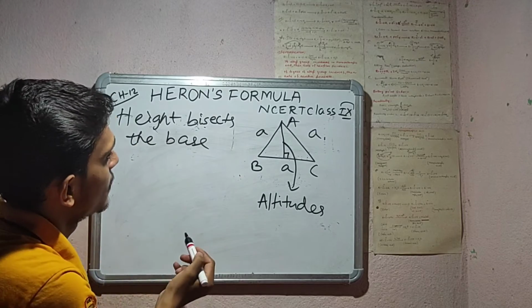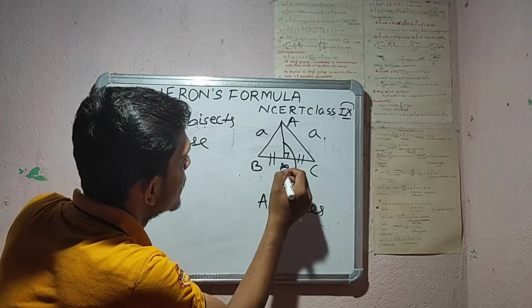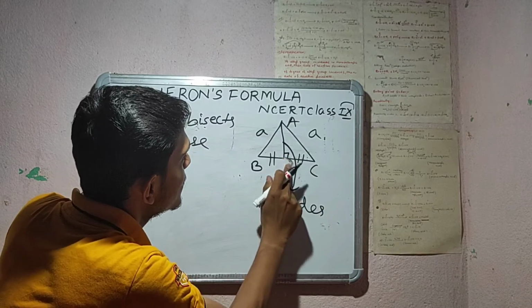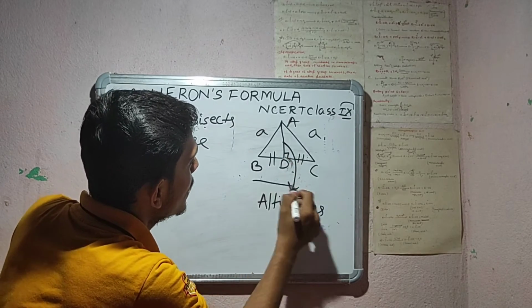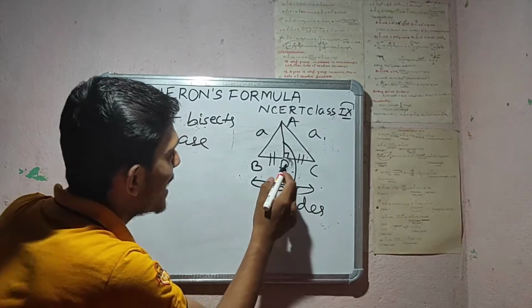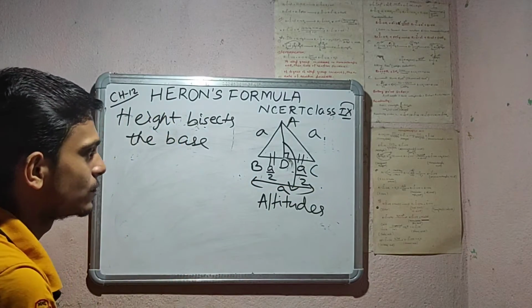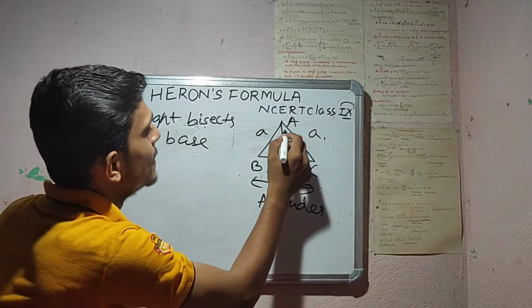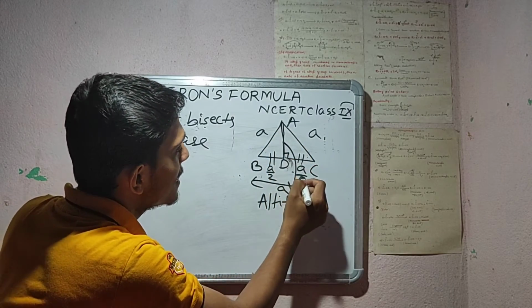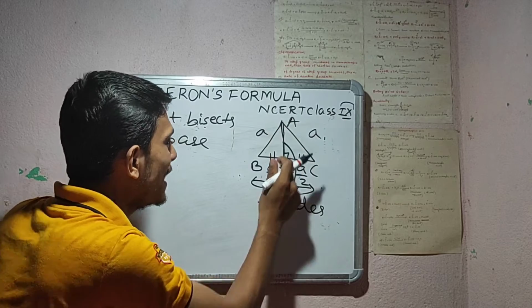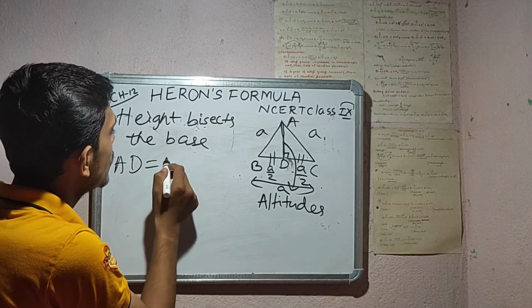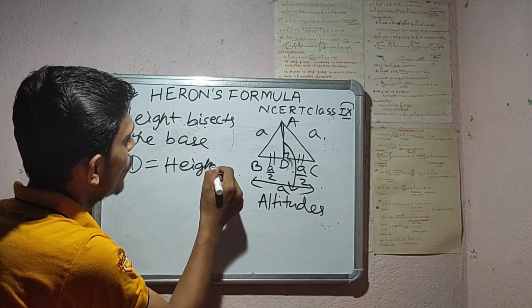That is, if it bisects, then this point, let it be D. So total length is A. If it bisects, that is A upon 2 and this is A upon 2. Yes or no? So this is a right angle triangle and this is A upon 2. This is A. So we can find easily the value of AD. That is your height. Yes or no?